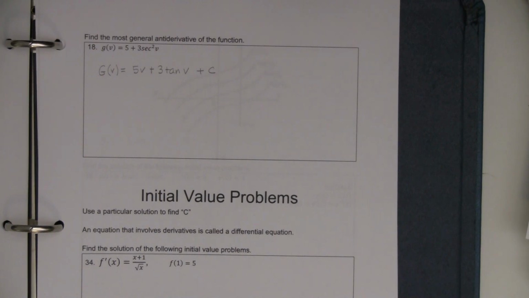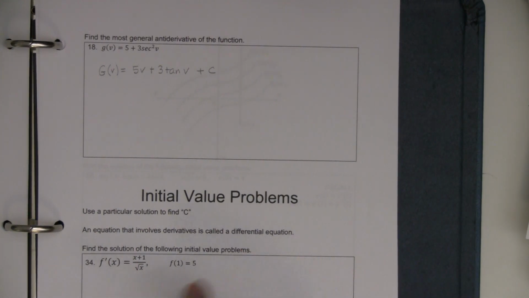Okay, initial value problems are the other things that they have there in 3.9 for us to solve. These equations that they're having us solve are differential equations, and this is our first time seeing them here in Calculus 1. And you'll see them again in Calculus 2 and Calculus 3, and also in differential equations.